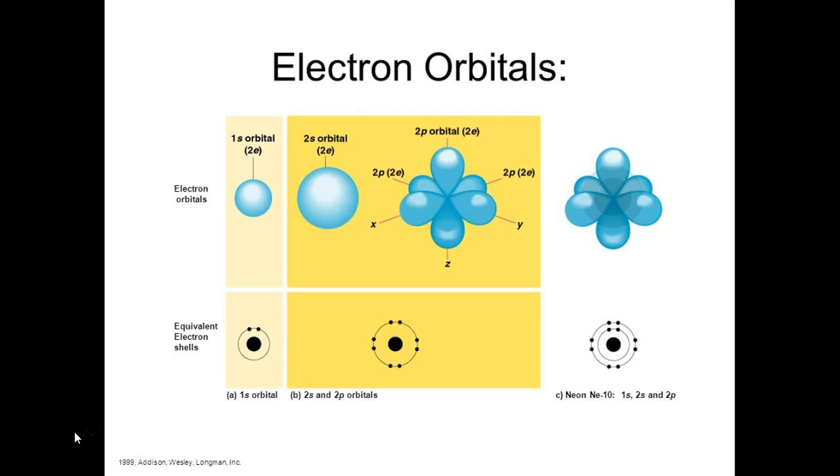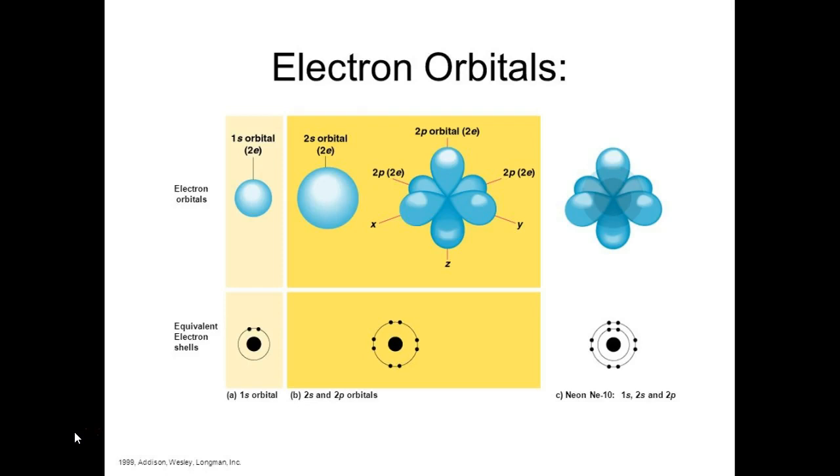We also have additional orbitals that are outside of that. In this case, you can see we have a second orbital. This is the 2s orbital. This holds also 2 electrons. And then you also notice that we have this strange one. That's actually a combination of 3 orbitals. We have a 2p orbital.